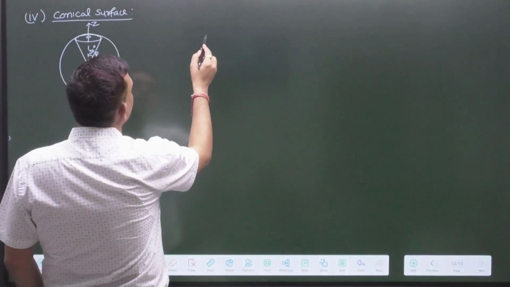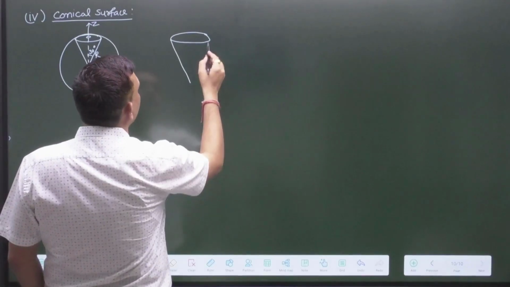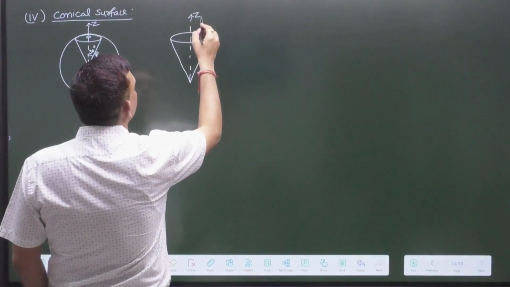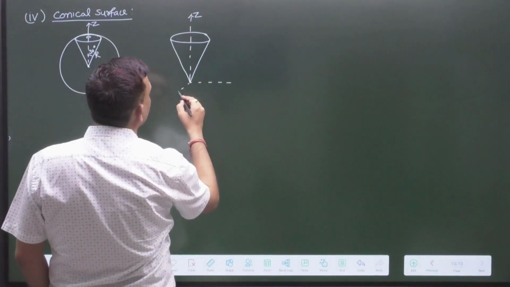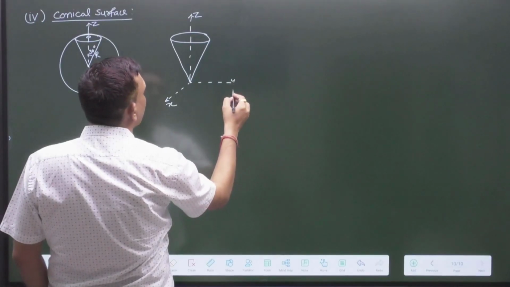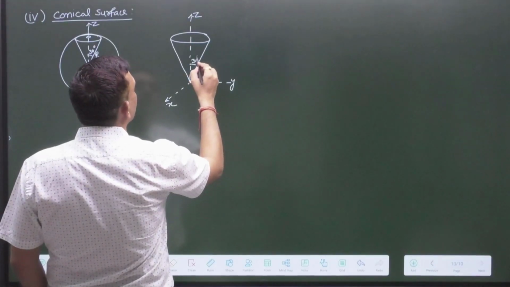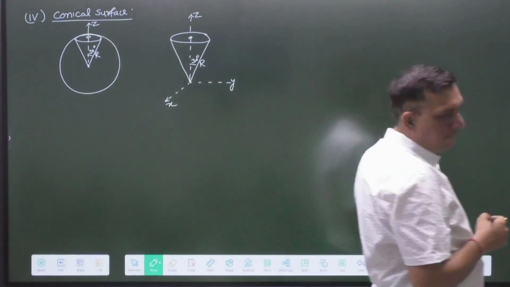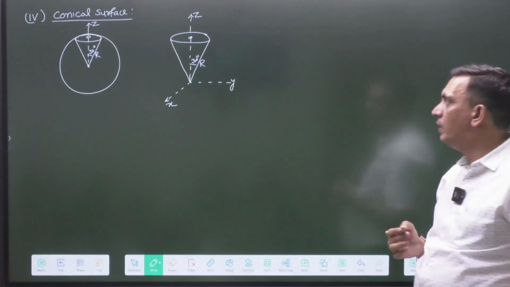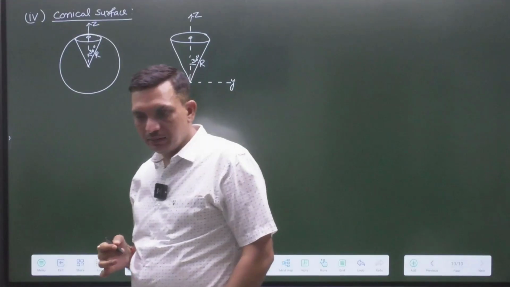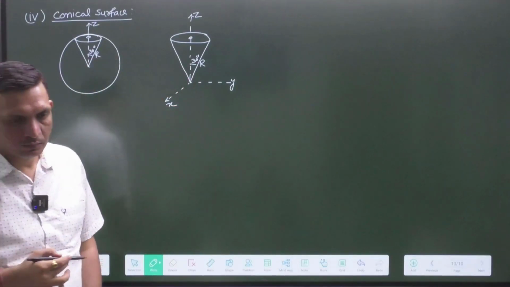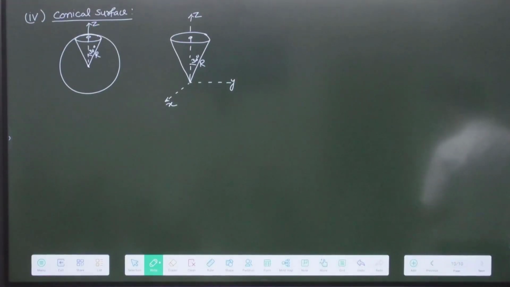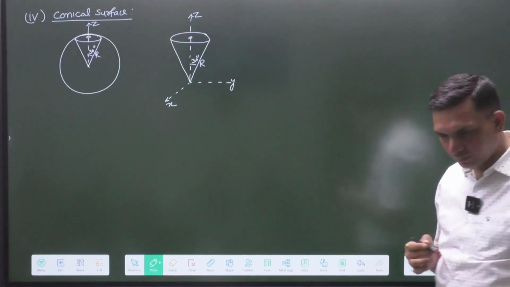This particular cone is a part of a sphere. This is the z axis, this is x, this is y, this angle is 30 degrees, and this is the radius. Now first let us specify r, theta, phi.